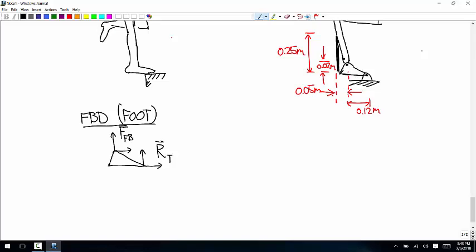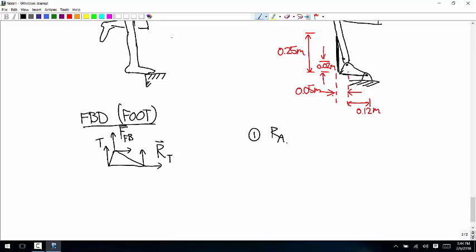And then there's a tension in the cable that's just pulling straight up. I'll call that T. And if you go through Newton's second law and the moment equation, you get these three equations.